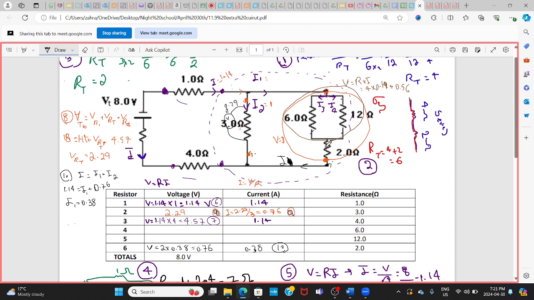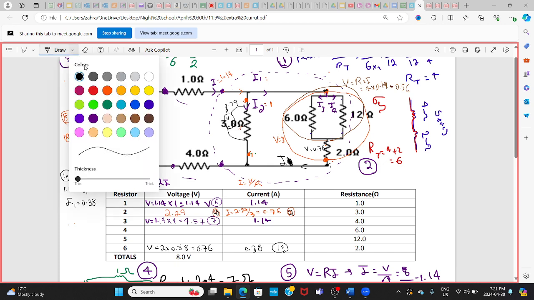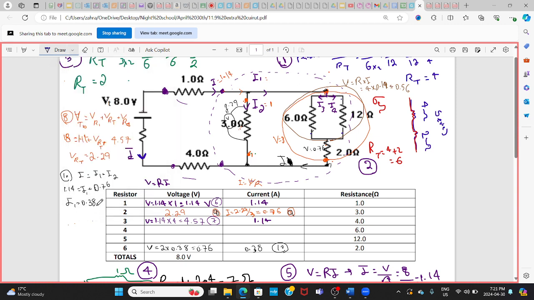If I know the V across this, which is 0.76, and I know the V across the whole thing here is 2.29, I can find that here. I want to make that a step.